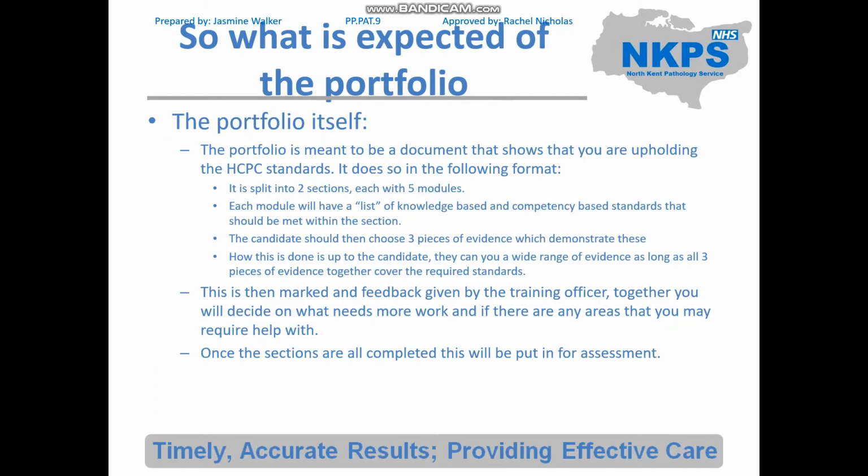So you could have evidence 1 will cover 3, 5 and 6, evidence 2 will cover 1, 2, 3, and evidence 3 will cover 4 and 7. You can also have overlapping bits, so you could have one evidence cover 1, 2, 3, 4, second evidence cover 4, 6, 7, etc. As long as you are covering all of those knowledge-based and competency-based standards, you can do that in any way that you want.